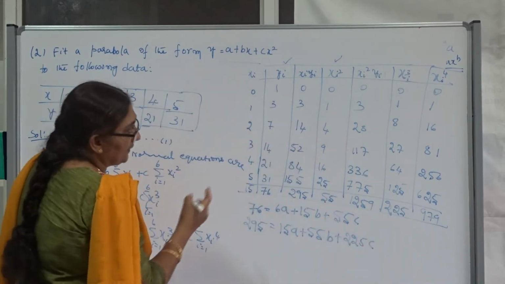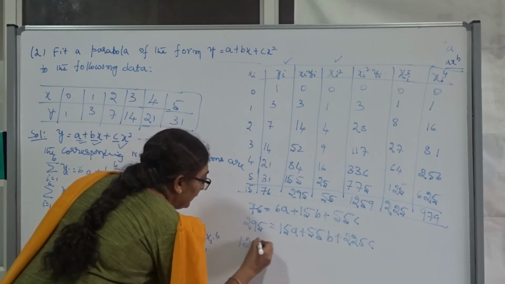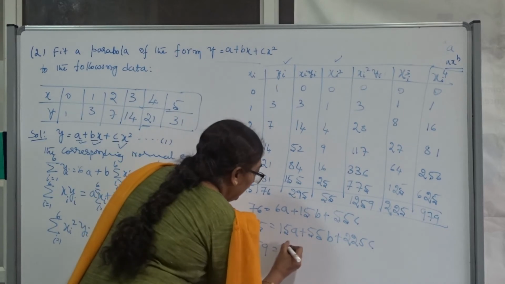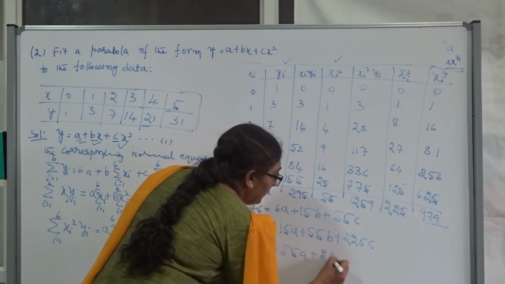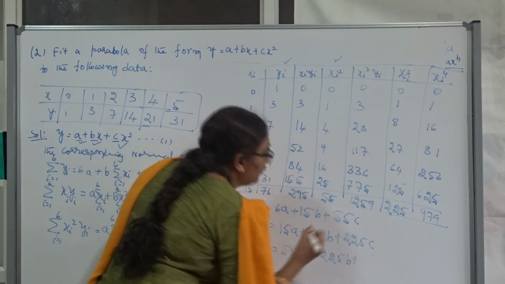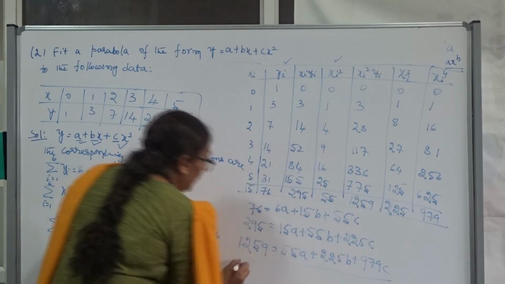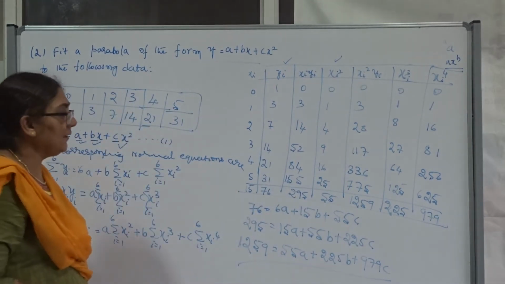Next, Σxi²yi is 1259 equals 55a plus 225b plus Σxi⁴, which is 979c. We solve these equations simultaneously by using a calculator.